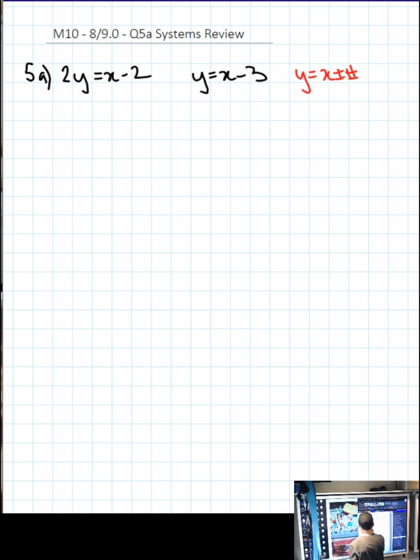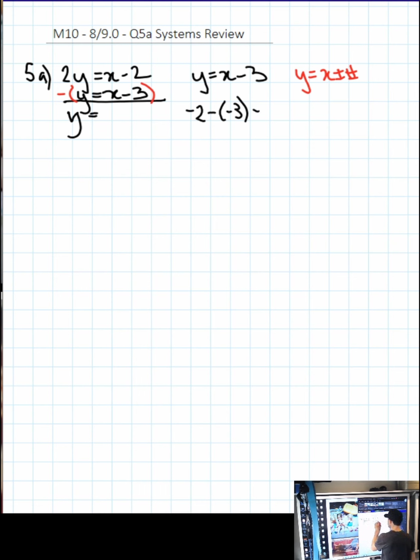I'm going to take the equation on the right and put it below the equation on the left, y equals x minus 3, and then we're going to subtract, putting brackets around the equation on the bottom. So 2y minus y is simply y. x minus x is 0. Now, negative 2 minus negative 3 is negative 2 plus 3, which equals 1. So y equals 1, circle your answer.